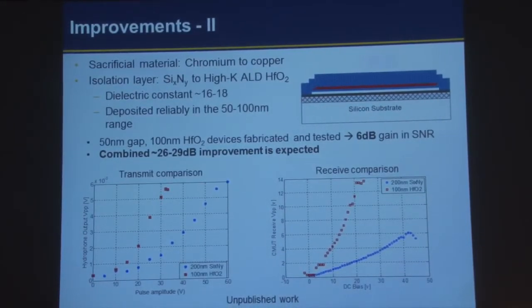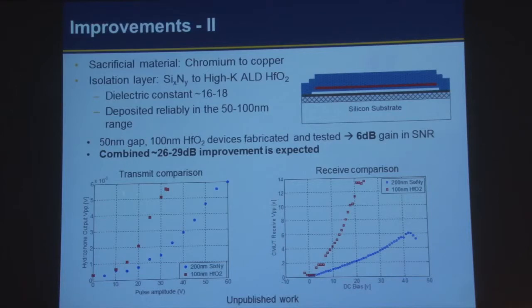And the effect is more pronounced when your gaps are smaller, because then you don't add any additional gap with that material. So we fabricated, and these are experimental results from, a 100 nanometer hafnium oxide ALD layer versus 200 nanometer silicon nitride, because if you make silicon nitride lower than 200 nanometers, we get pinholes and all sorts of problems. So that's our lower limit.